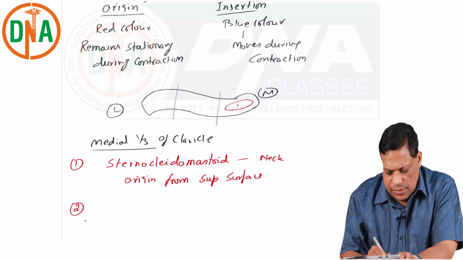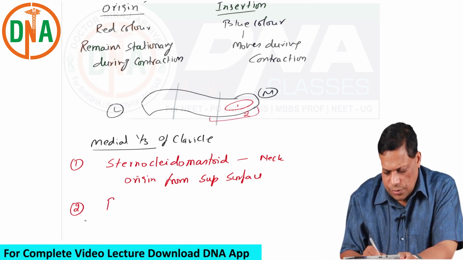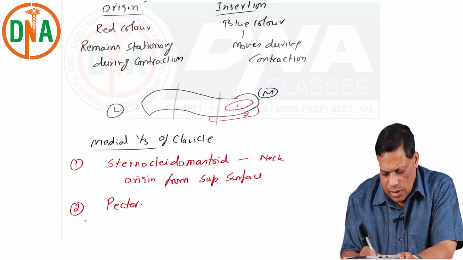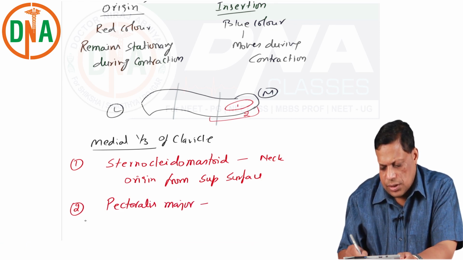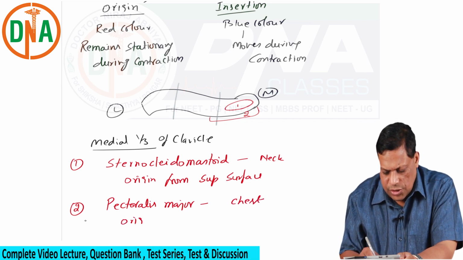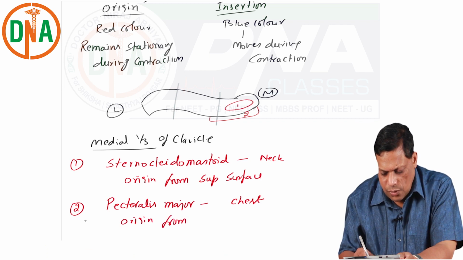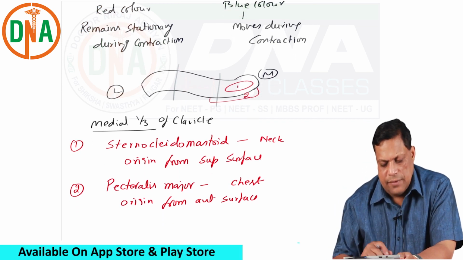The second muscle is pectoralis major. This is the muscle of the chest region. This muscle originates from the anterior surface of the clavicle.